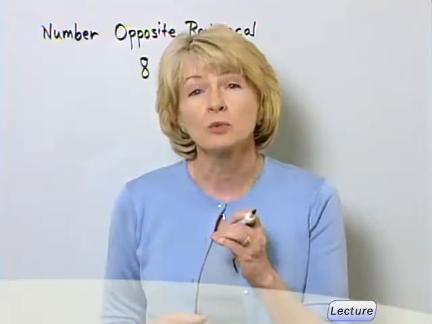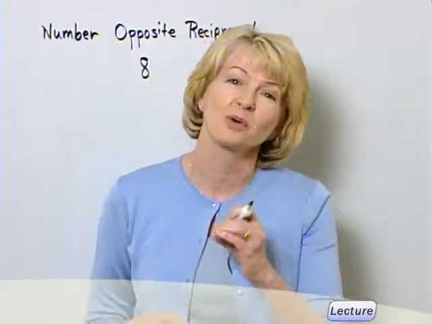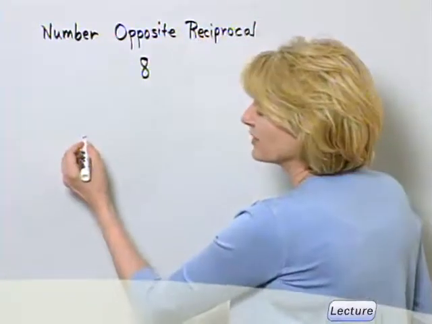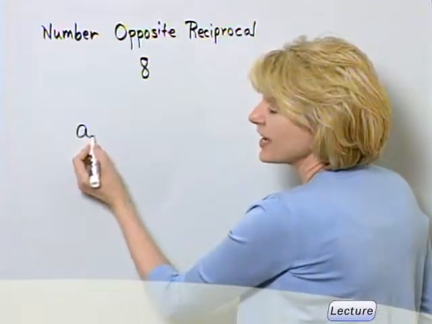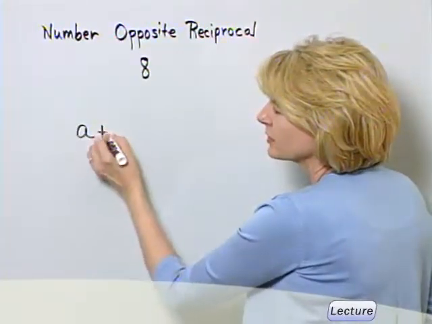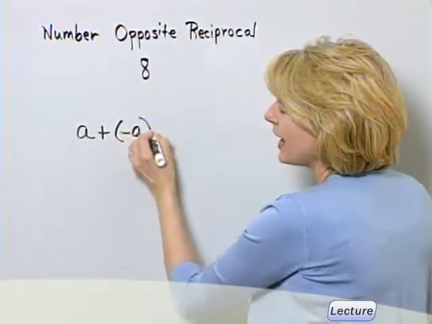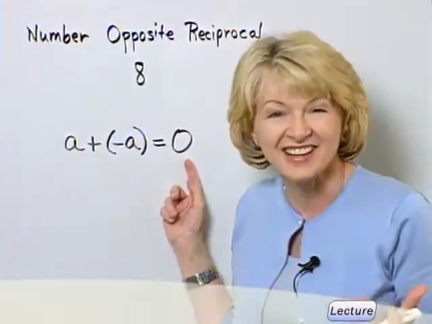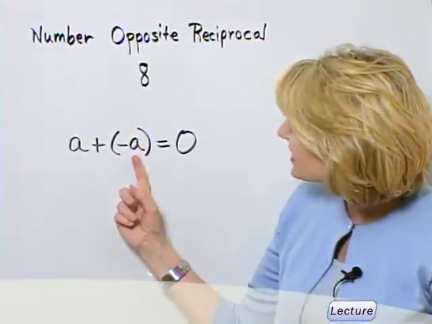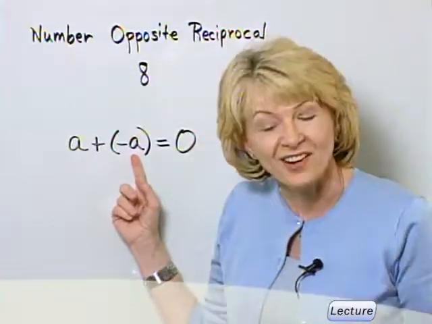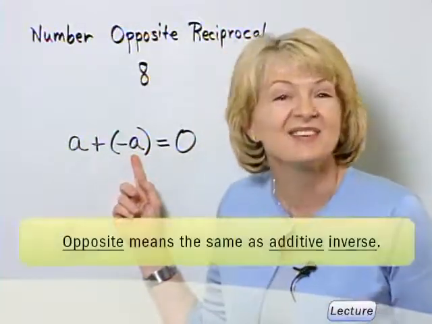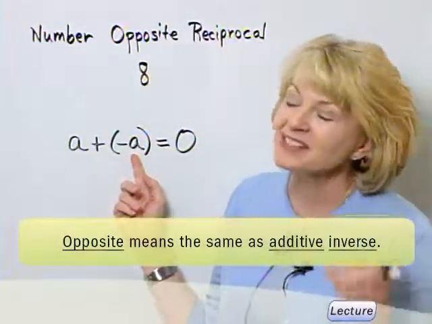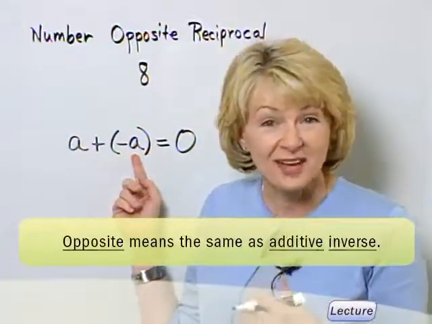Now we're used to the words reciprocal and opposite, but how do those relate to properties? Well, it's the following. Because A, any real number, plus its opposite gives us, remember, 0, which we call the additive identity, we say that this opposite is also the additive inverse. So opposite and additive inverse are the same thing.